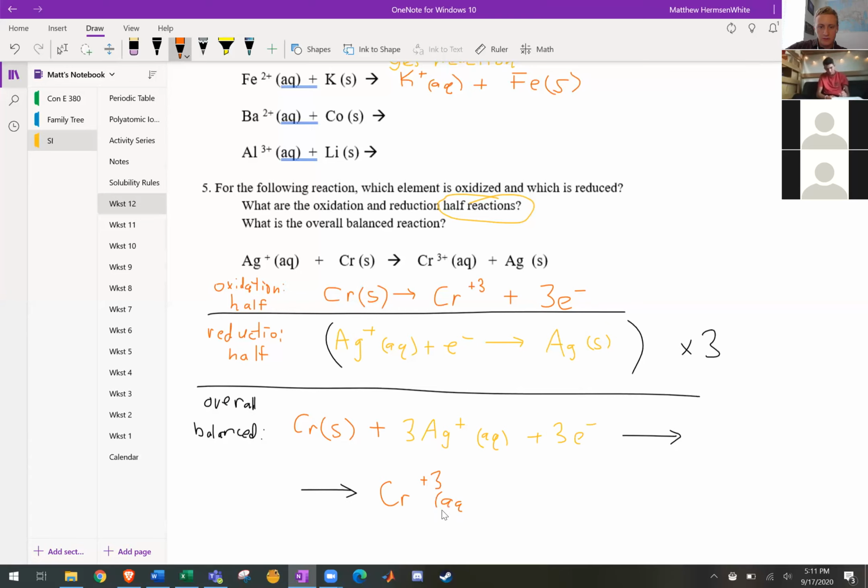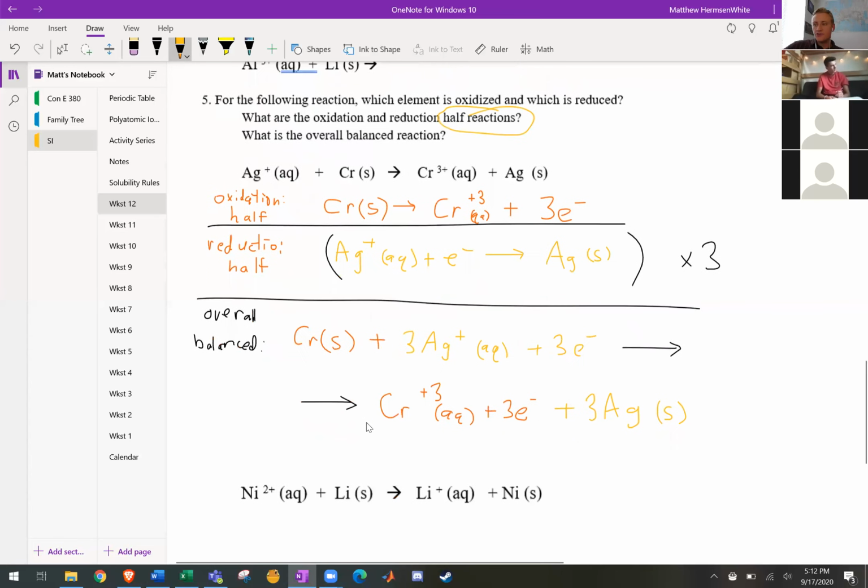This should be aqueous here, shouldn't it? Plus 3 electrons. And then we're going to have our 3 silvers, plus 3 Ags. Did you guys follow up until this point?